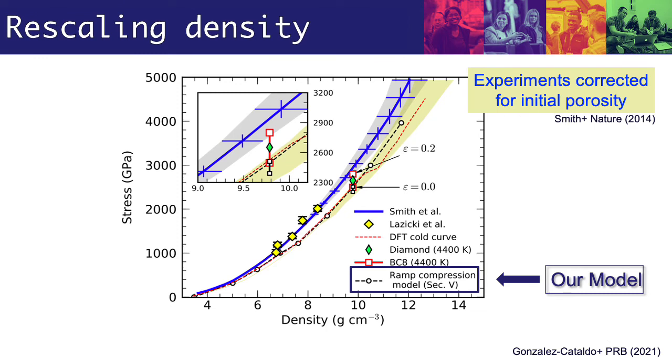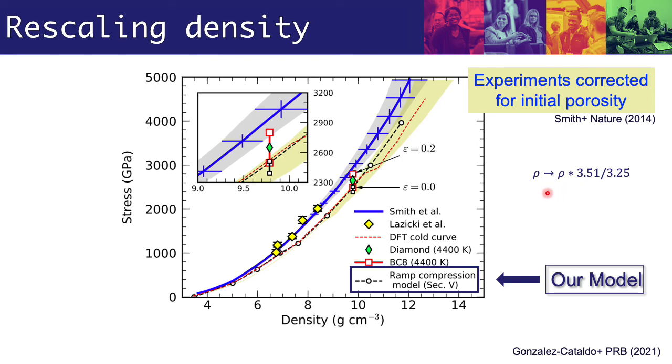And we finally tried to scale the density, because these experiments here were performed with porous diamond instead of pure crystalline diamond. So in order to take that into account, we basically rescaled the densities we had in our simulations for pure diamond.